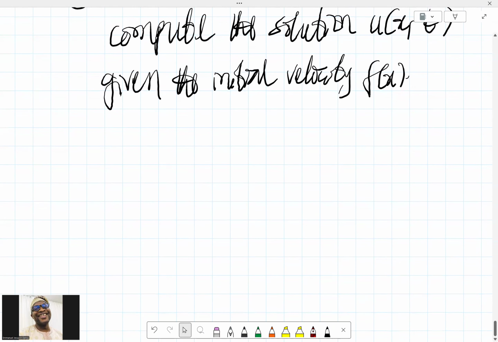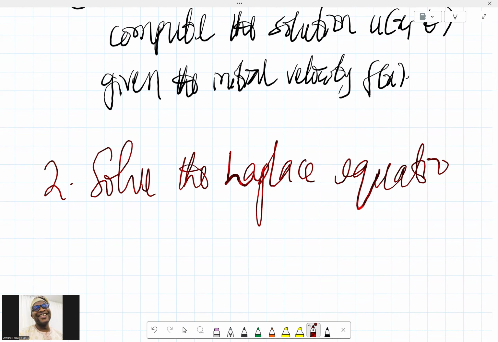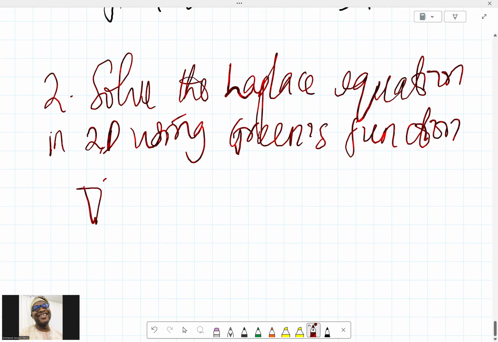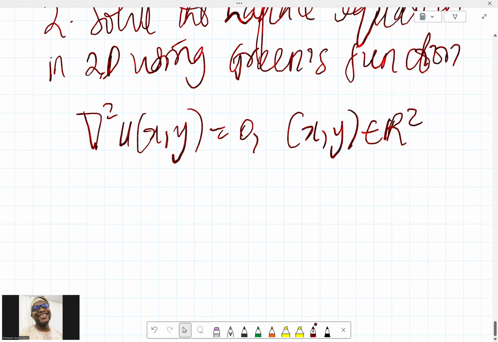Then number 2, solve the Laplace equation in 2D using Green's function, and that equation is nabla squared u of x comma y equals 0 for x, y on the two-dimensional real number system.